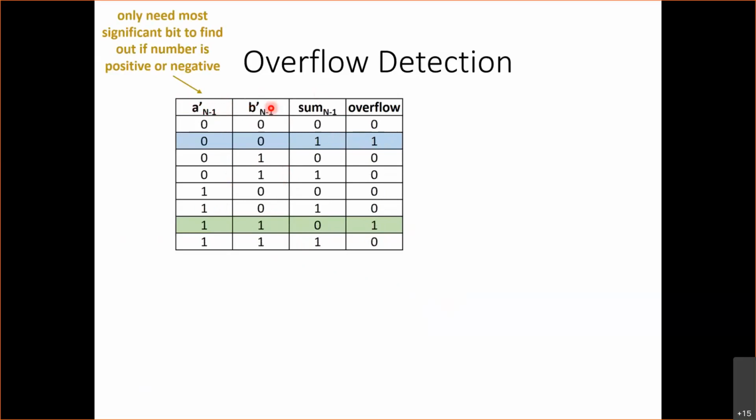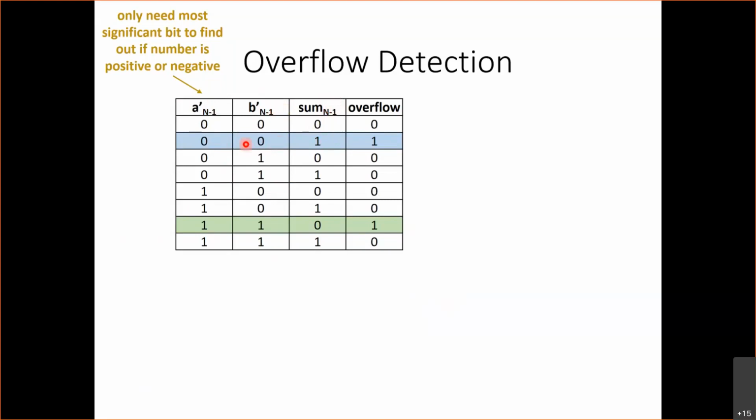B prime of n minus 1 is the most significant bit of B prime. I know that A is positive if the most significant bit of A is 0, and that B is positive if its most significant bit is 0. I know that the sum is negative if the most significant bit is 1.